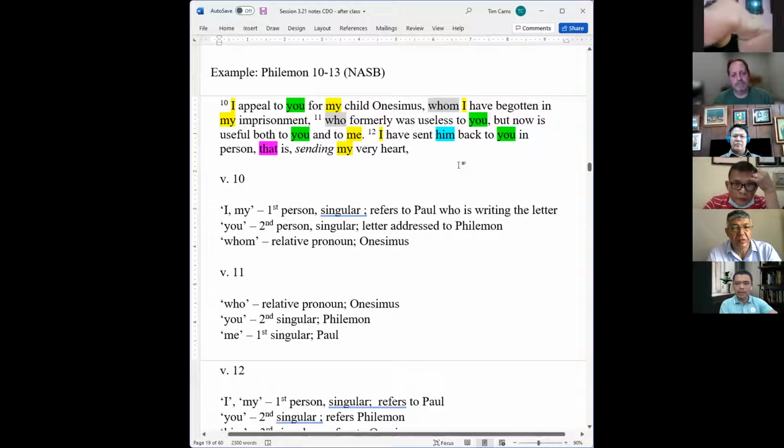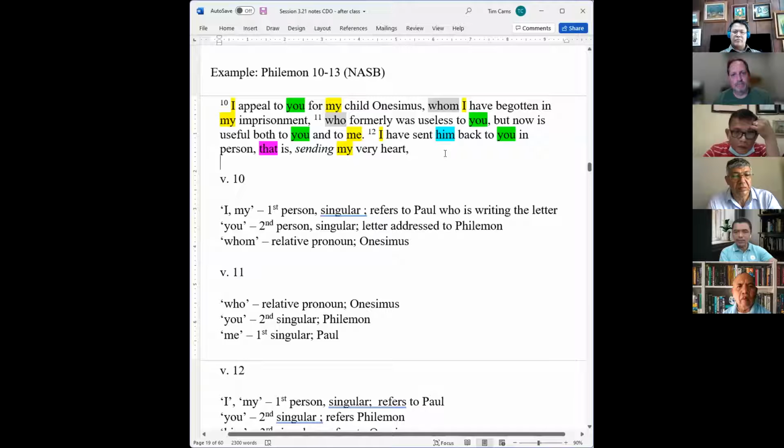Onesimus had done a bad thing to his master. So, useless to you. So "you" here refers to Philemon, and we can point out that this is singular. So in like manner, the antecedent plays an important role to give us a hint or a clue to what is really the meaning of this ambiguous "you," the second person.